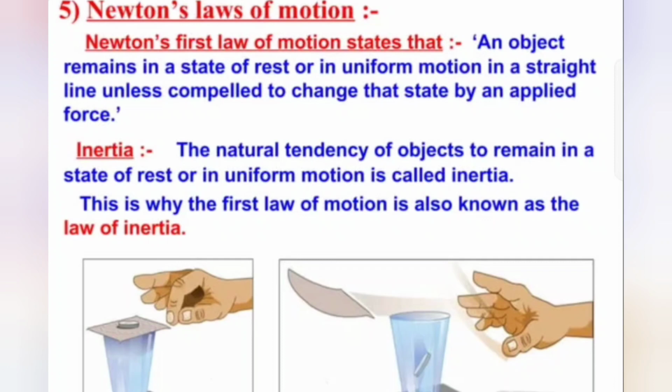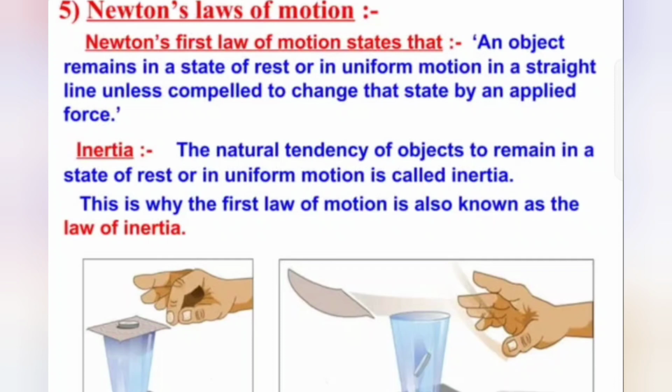Inertia is the natural tendency of an object to remain in its position of rest. It is a property. Think of a lazy person: until you push the person so hard, scold so hard, he or she is not going to do any work, right? It's a tendency. It is his or her property to remain at rest until and unless you do something, you scold him or her.